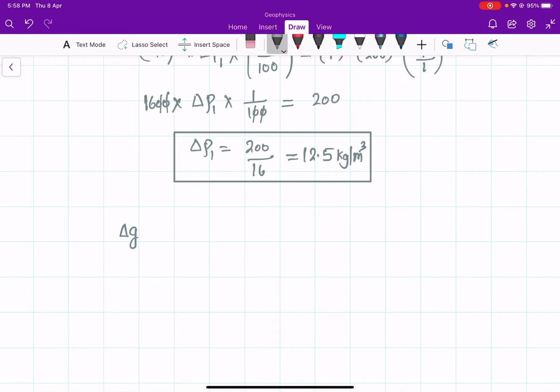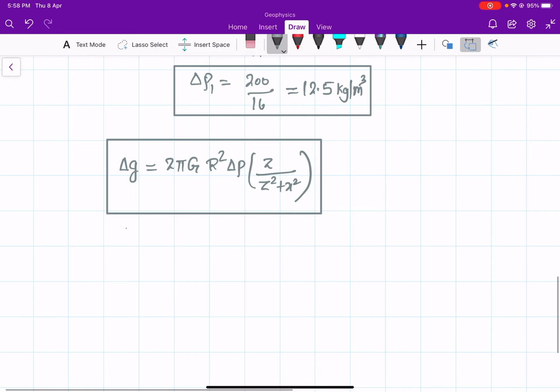You have to remember that the gravity anomaly of an infinite horizontal cylinder equals 2 pi G r square del rho into z over z square plus x square.